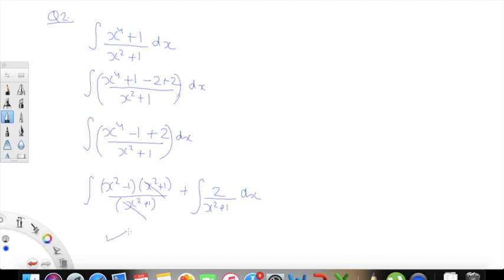This becomes an easy term to solve, and this, if you have seen the formula, is tan inverse x. Tan inverse x, right, plus constant. So that's how this question was solved.